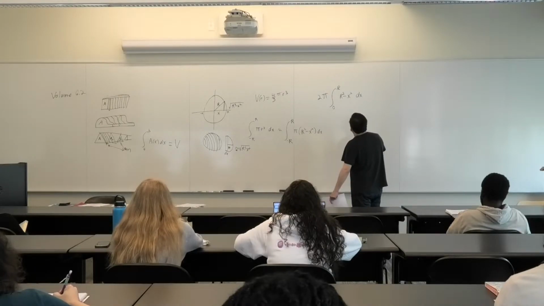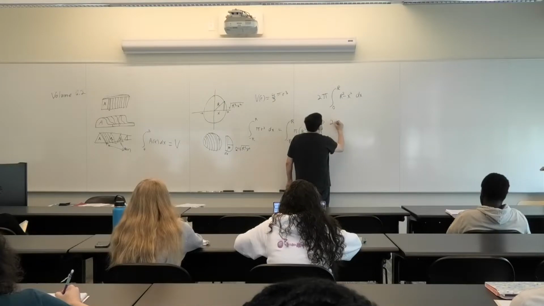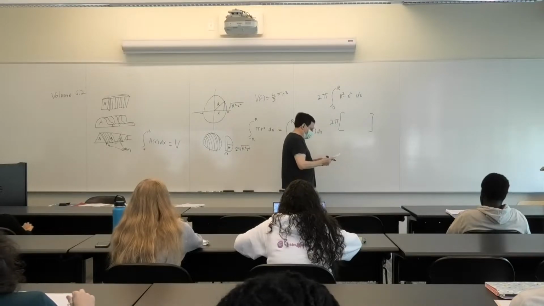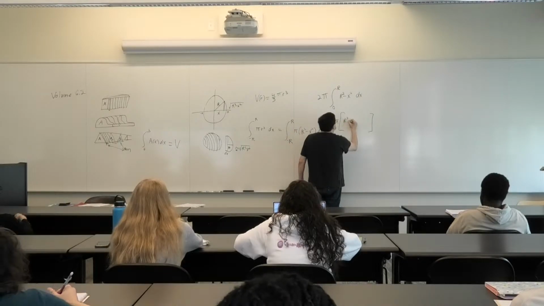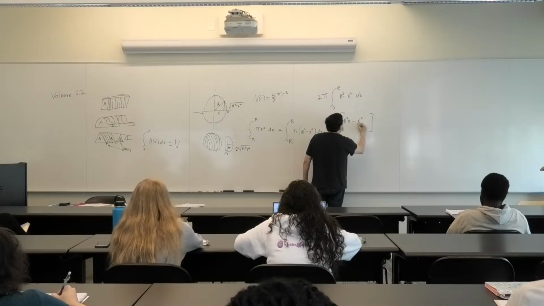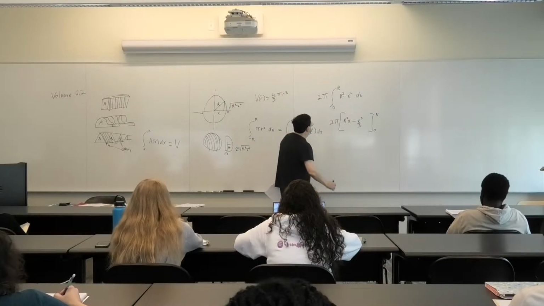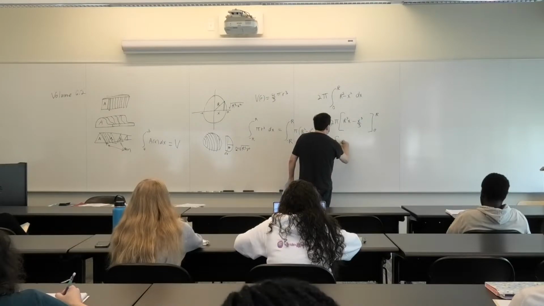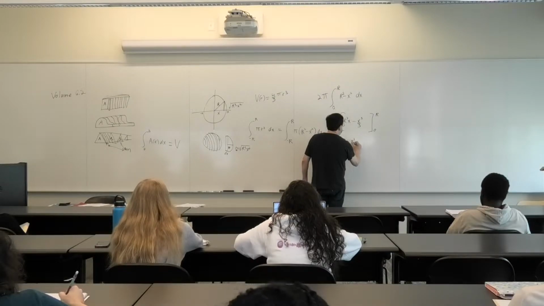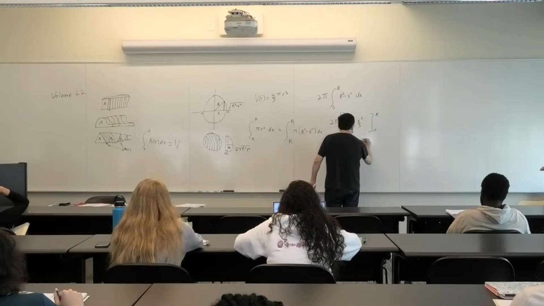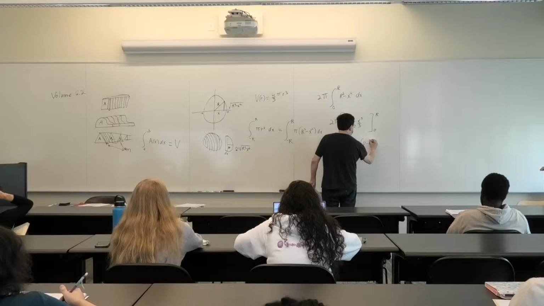All right, well, let's find the antiderivative. We're going to have R squared x minus x cubed over 3, from 0 to R. All right, so that's 2 pi times (big R cubed minus R cubed over 3), minus 0 minus 0.